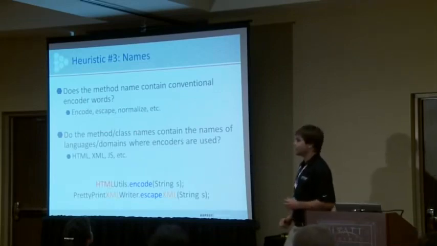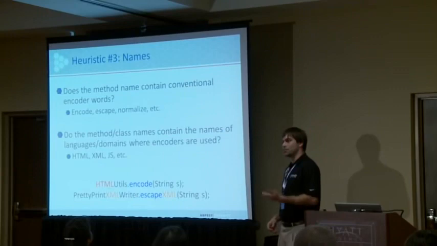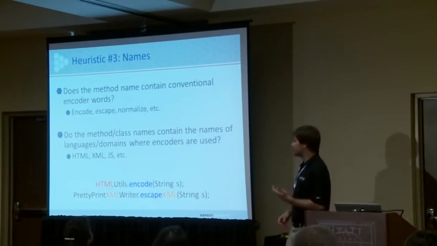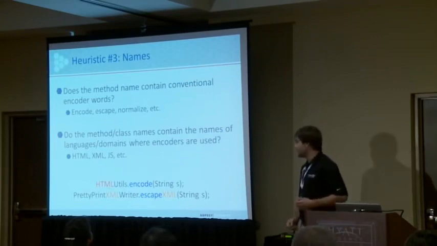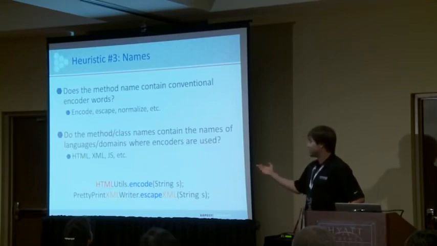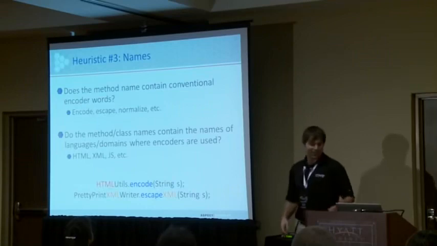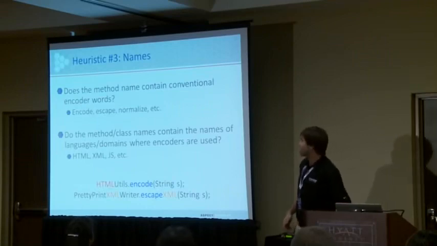And then additionally, we looked at class and method names to see whether the languages or domains that we want that encoding is being done in for that specific encoder type were used. So you can see examples again down there. That first one is probably going to be an HTML encoder because it has HTML in the class name and the method is called encode. And similarly for the second one, we have a couple of instances of XML and escape. So again, that's a really good indicator that we found an encoding method, and when combined with the other heuristics, it works pretty well.